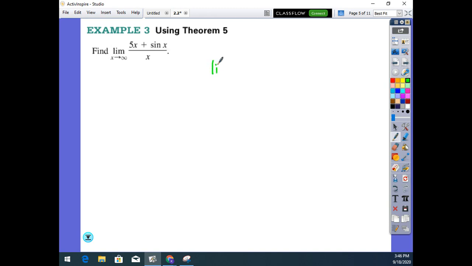So what we're going to do is find the limit as x approaches infinity. Everything is divided by a single term on the bottom, so I can split this up and give each one its own limit and its own denominator.